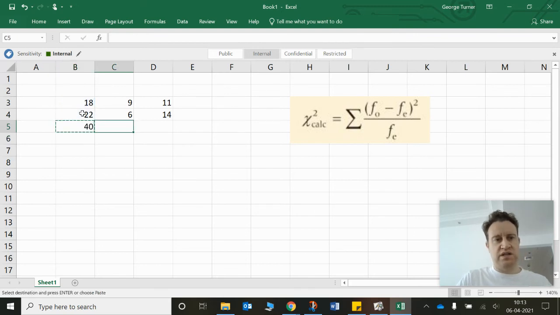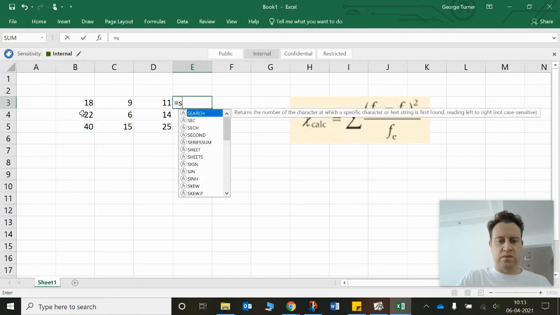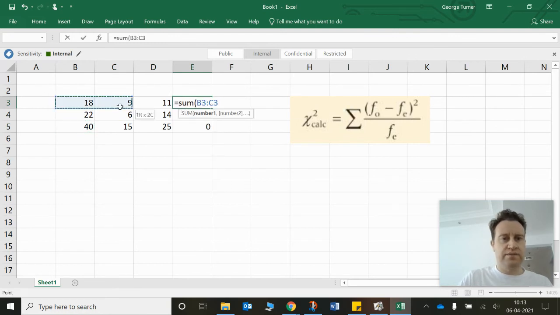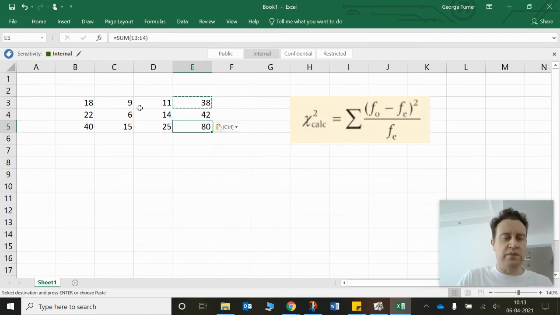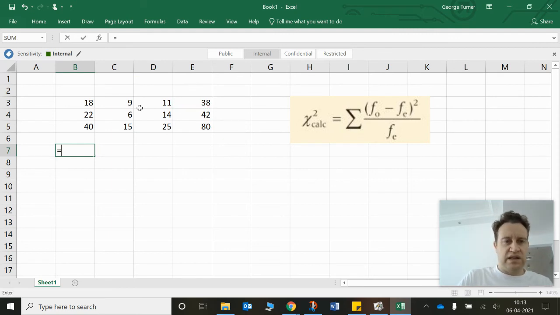So let's copy and paste that. Sum of these. Okay, so sum of 80. So we're going to make the expected values, and expected values in this case is going to be this times this divided by 80.